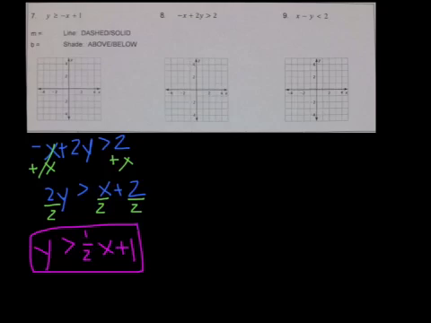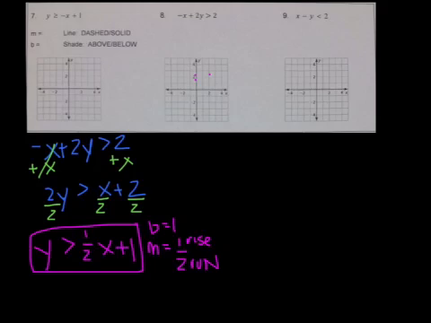So where am I going to start? My y-intercept is 1, so go ahead and put a dot on 1. And then your slope is positive 1 over 2. So remember, that's rise over run. From 1, I'm going to go up 1 and over 2 and put a dot.